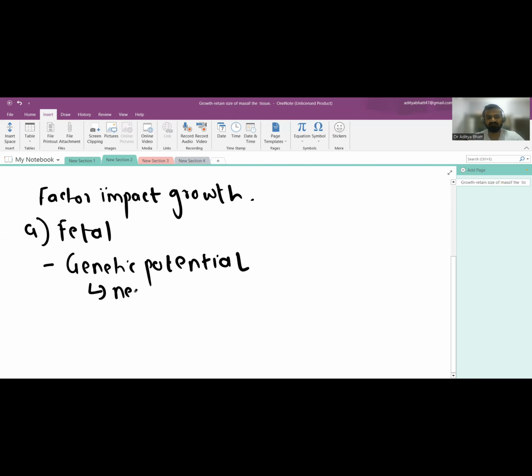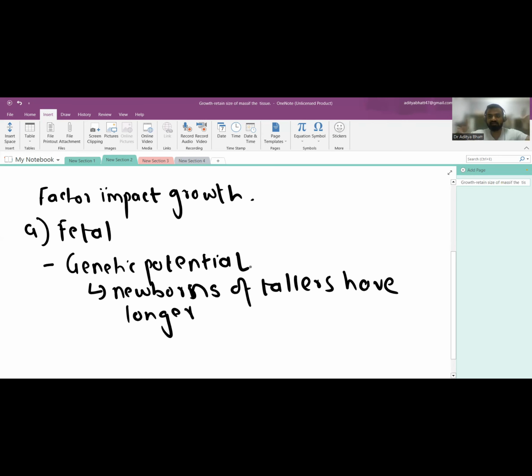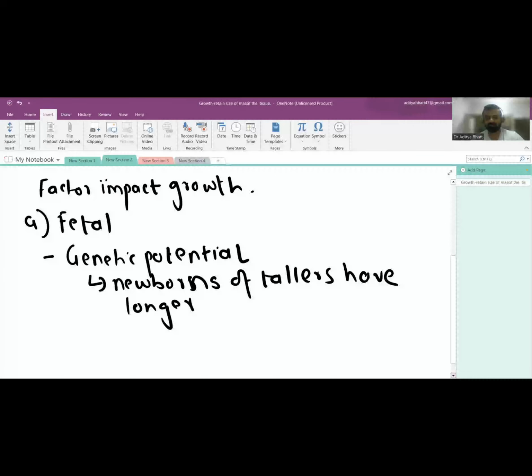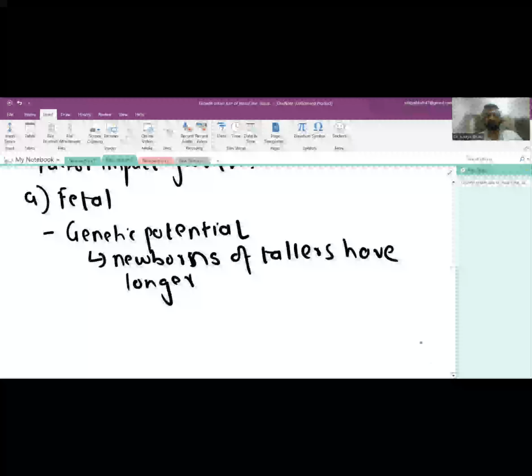Newborns of taller parents have longer limbs and increased length compared to counterparts having a lower mean parental height.